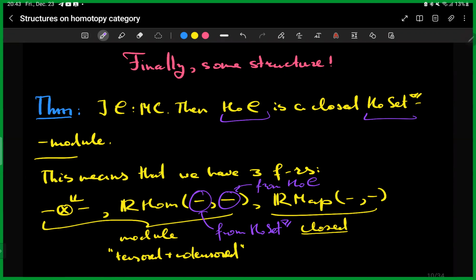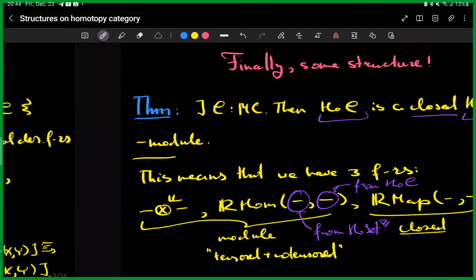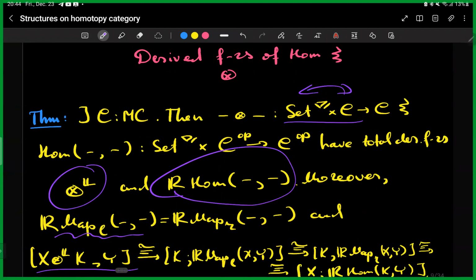And we have an internal hom. So that's the condition that our module is closed. And the interaction between these three functors should be as in this sequence of isomorphisms.